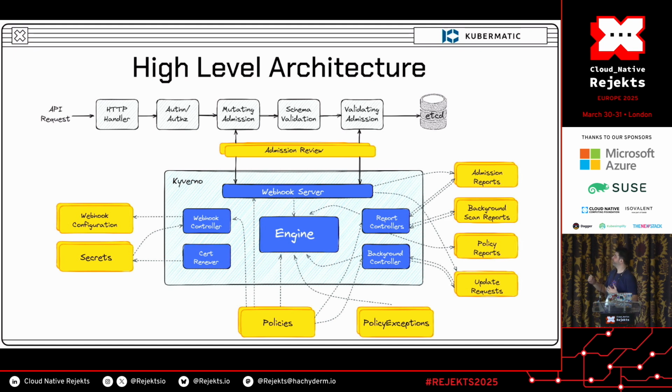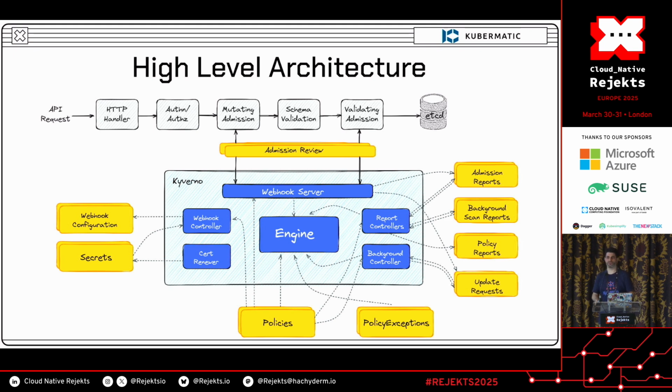Then with the mutating admission, the admission review and the whole Kyverno part with the webhook and the engine runs. In the end, the API server calls a webhook, another process. The magic runs in the Kyverno engine and responds back a success or fail to the API server.